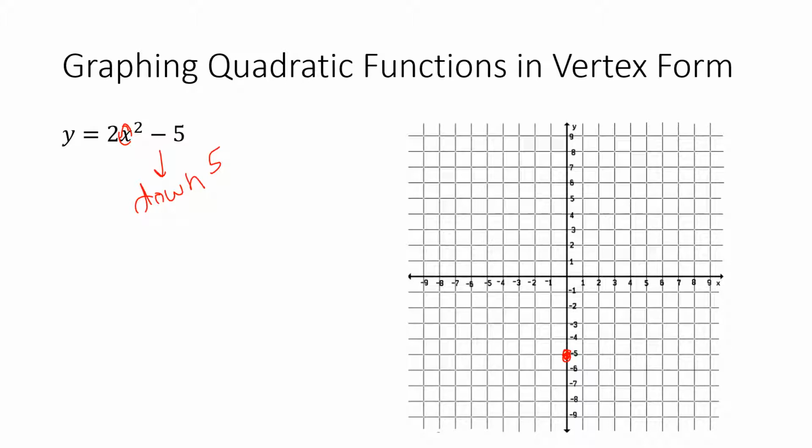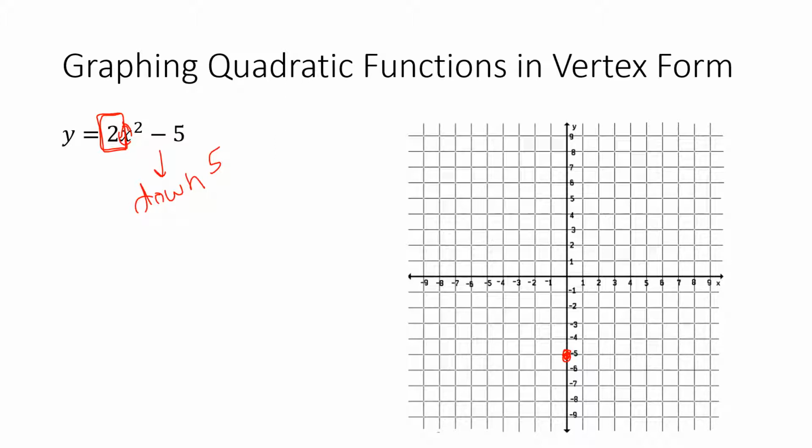Now what's unusual about this one is that 2 out in the very front. Here my graph is going to be stretched by a factor of 2. So if you remember that same pattern from the parent function, over 1, up 1, over 2, up 4, over 3, up 9. Basically, we're just going to double that.